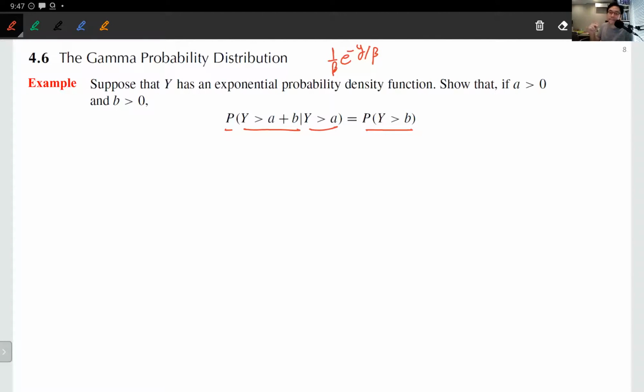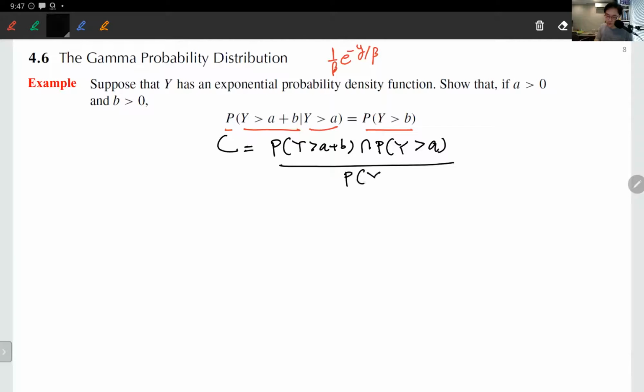So you want to figure out the conditional probability on the left and compare the value that you got to the right. For those of you familiar with this, we can start from the probability of y greater than a plus b and y greater than a, divided by the probability of y greater than a.